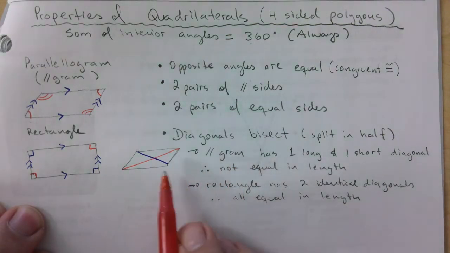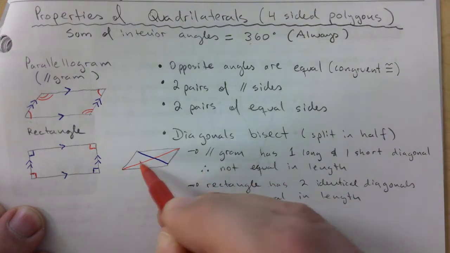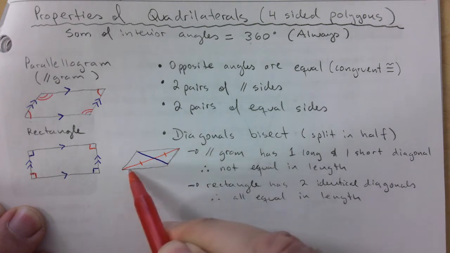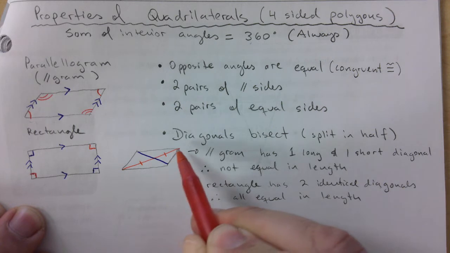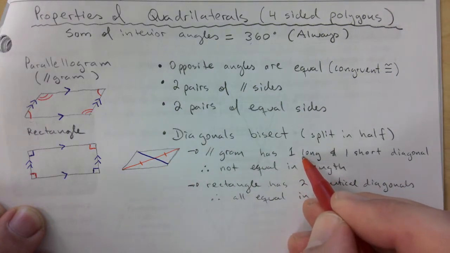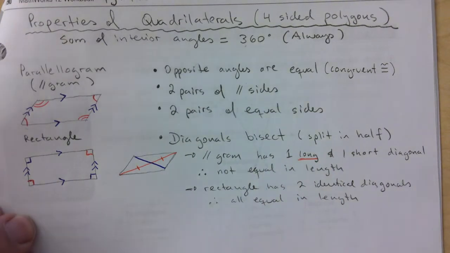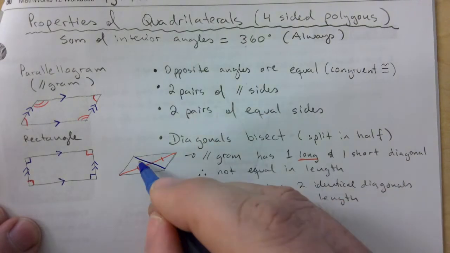What we know is that when they meet, these lines cut each other in half. So this little stretch here is the same thing as this stretch here when you're looking at the red, the long diagonal, right? So I'm going to underline long here with red. And the blue diagonal, which is the shorter one, is also cut in half.